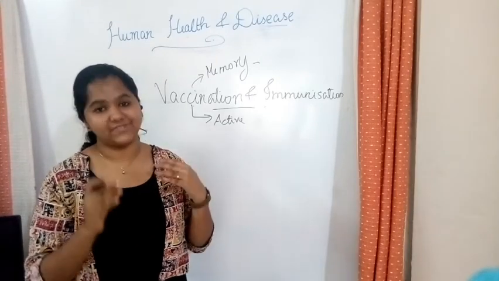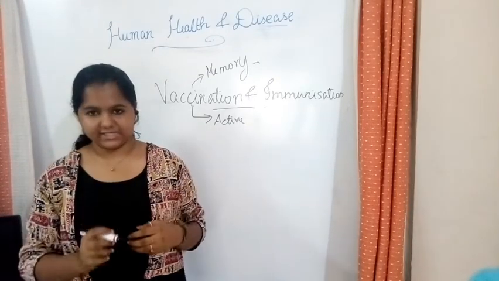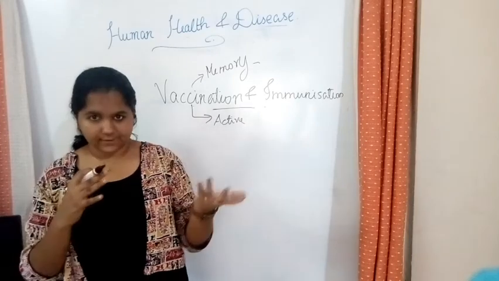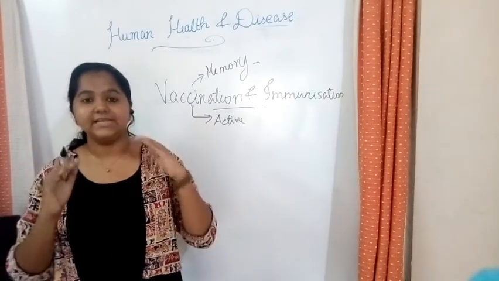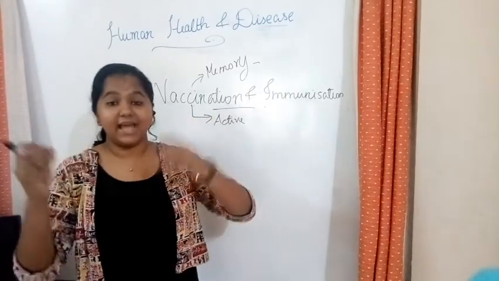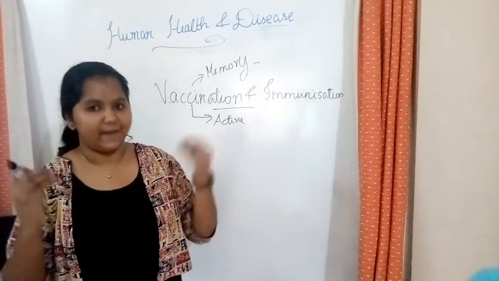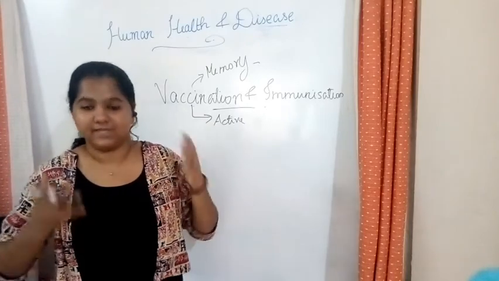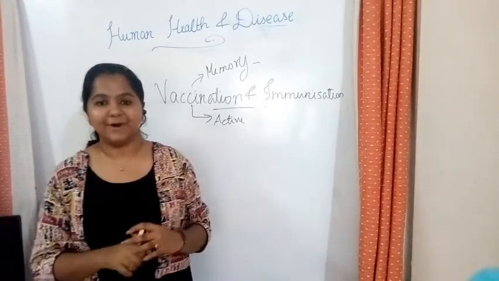And also in the case of a snake bite, the antibody against the toxins is introduced to our body. These are forms of passive immunization. So when the antibodies are directly given into your body, it's passive, and when the body produces them by itself, it's active. Now let's learn about allergies.